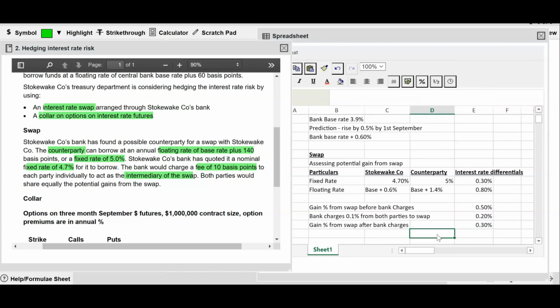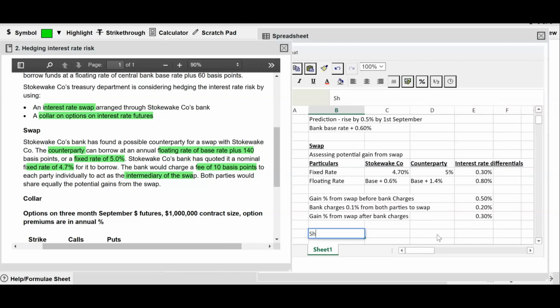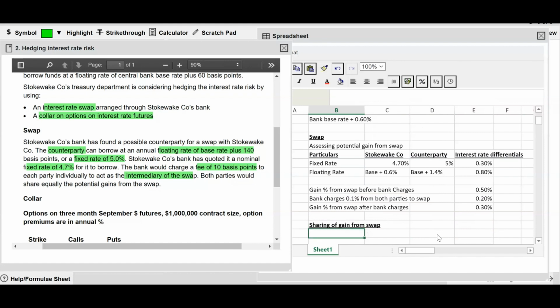Okay, now let's see how the sharing of gain goes. Sharing of gain from swap. It's very clearly specified in the question that they're going to share it equally. The gain is to be shared equally.